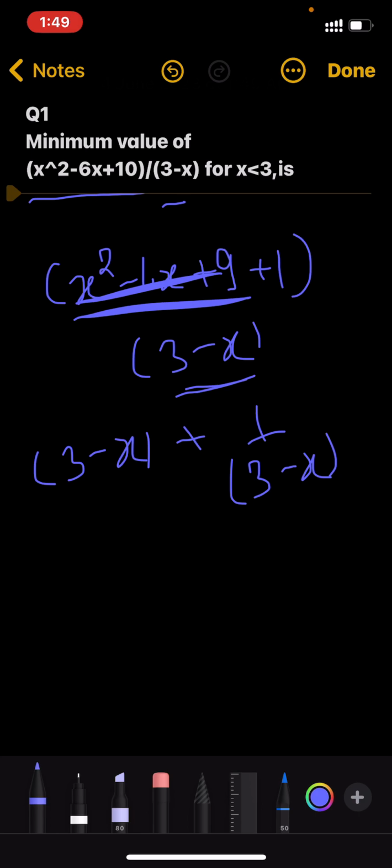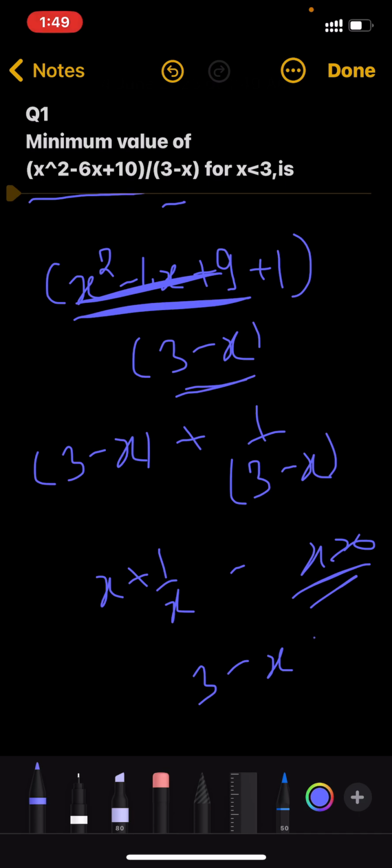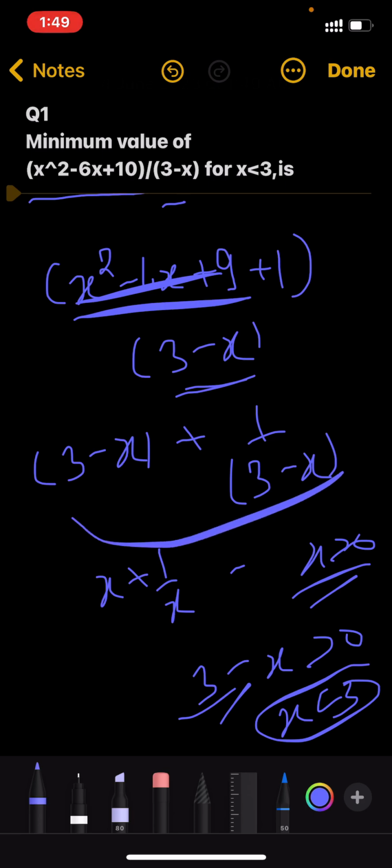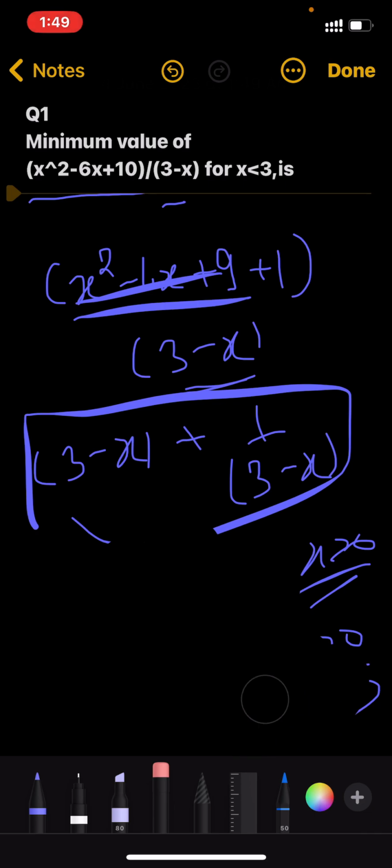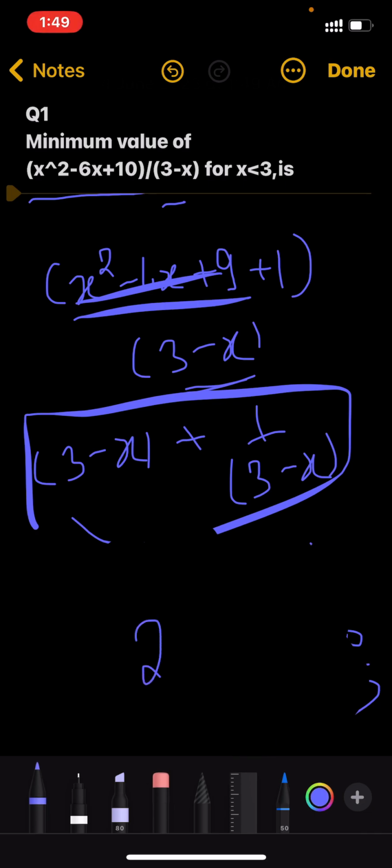You must have gone through the questions where the minimum value of x plus 1 by x when x is greater than 0. Here also it is the same case: 3 minus x greater than 0, so x is less than 3. So this is the exact same thing. Since there the minimum was 2, here it will be 2 as well. So the answer to this question is 2.